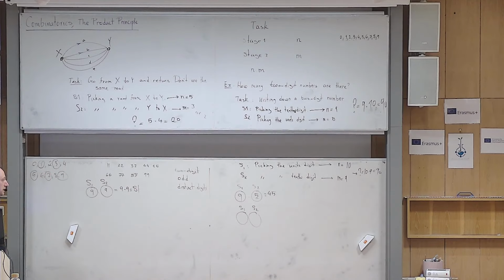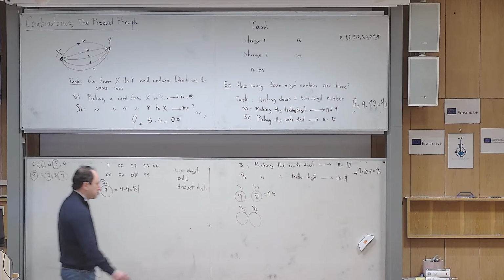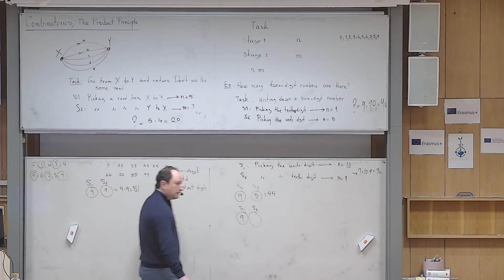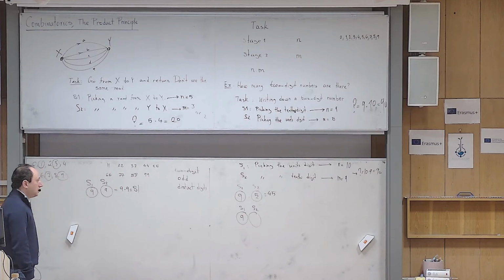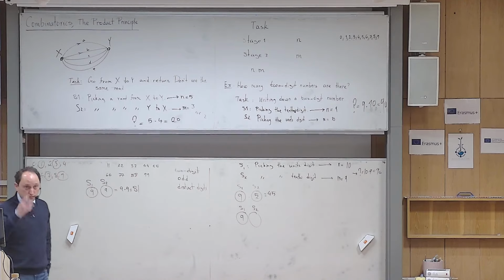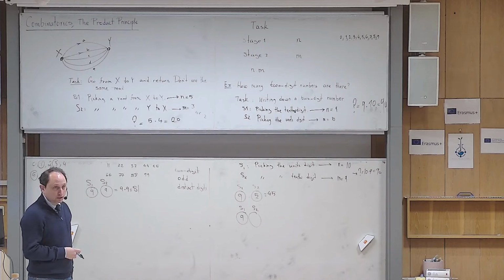In how many ways can I fill up S1? 9. Now assume that S1 is done. What is the meaning? It means that I picked one of these numbers and put it there. Now I want to go to S2. In how many ways can I fill up S2?